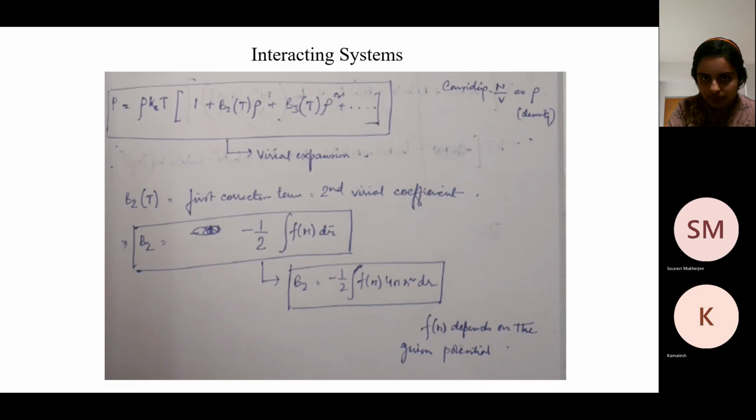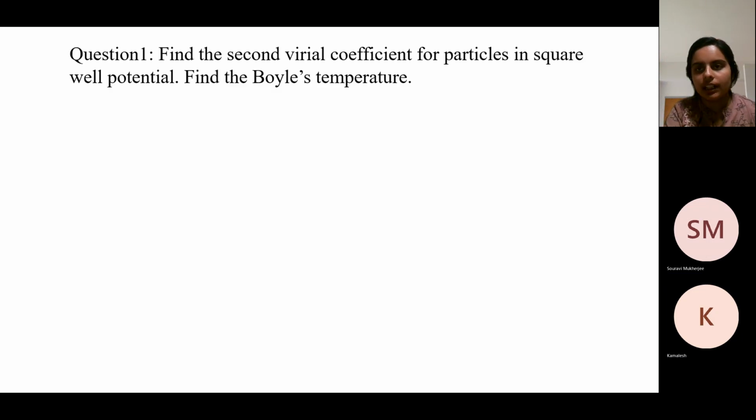So now it's clear till here, right? Yes, ma'am. Yeah. So now if we have a square well potential, what would be the second virial coefficient? Here the question asks for the Boyle's temperature. The Boyle's temperature corresponds to the point where PV is equal to constant.